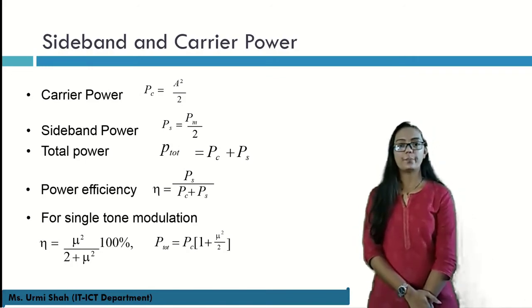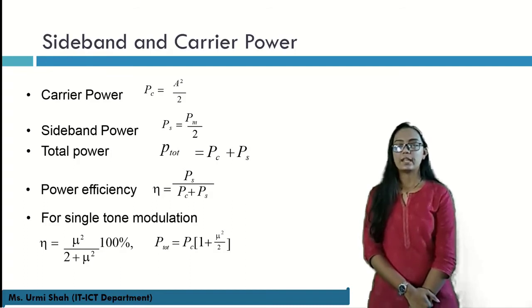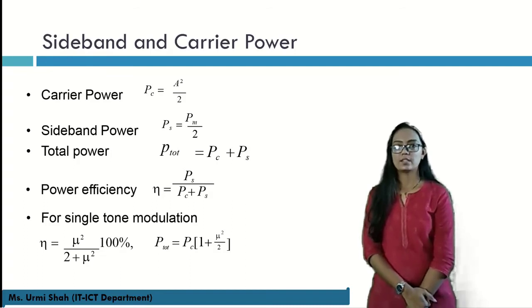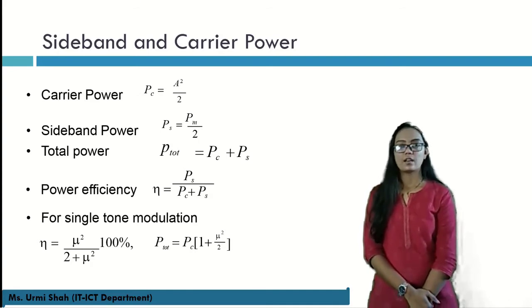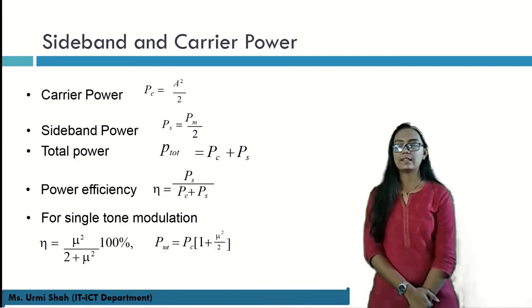So here the power which is contributed due to presence of the carrier will be carrier power. The carrier power formulation is Pc equal to A square by 2, or we can say the amplitude of carrier signal squared by 2, where A is the amplitude of carrier signal.